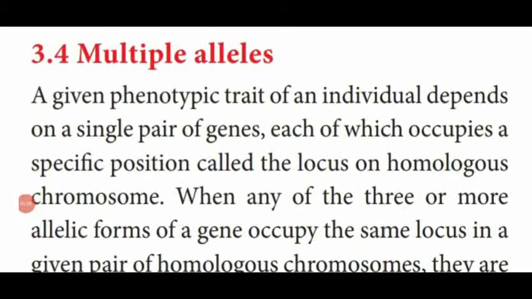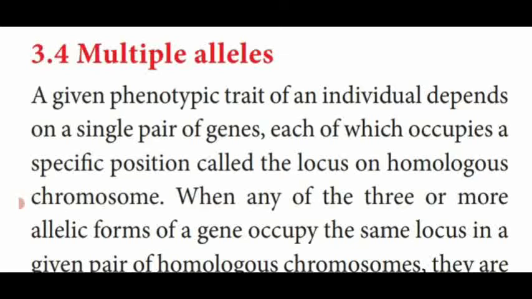Dear students, multiple alleles. So what is multiple alleles? Normally, a gene contains a pair of alleles, that is a dominant allele and a recessive allele. The position of a gene located on a chromosome is named the locus of homologous chromosomes.